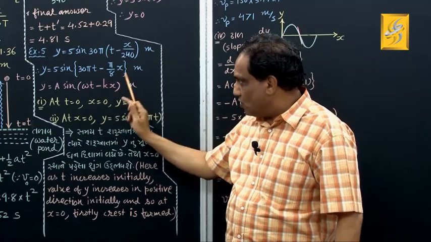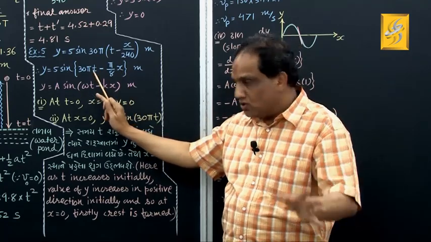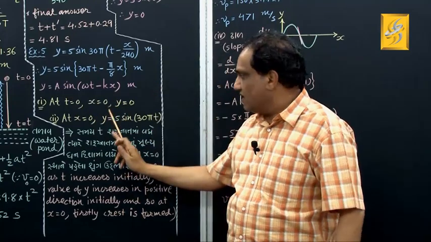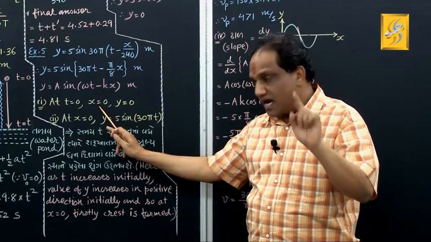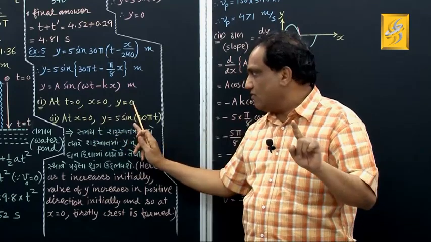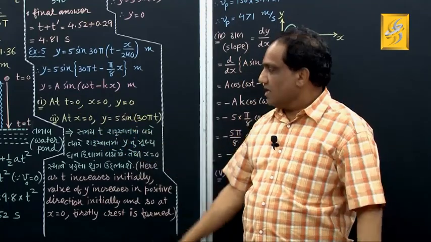Then this part will be 0, sine of 0 will be 0, 0 into 5 will be 0, so y equals 0. So the particle at the origin at time t equal to 0 is at the equilibrium position, fine.